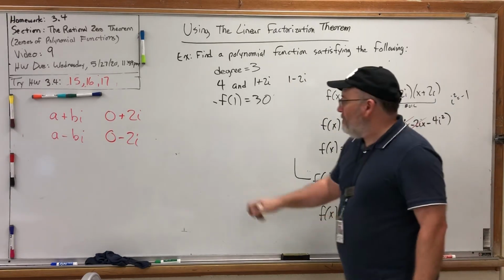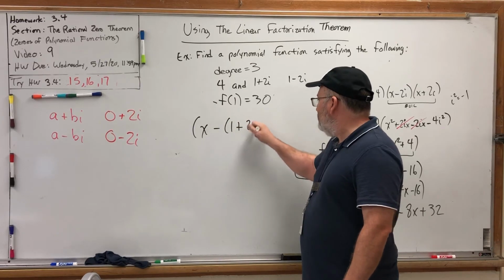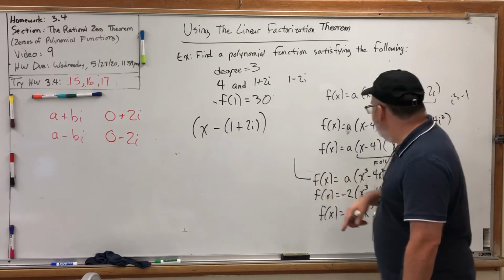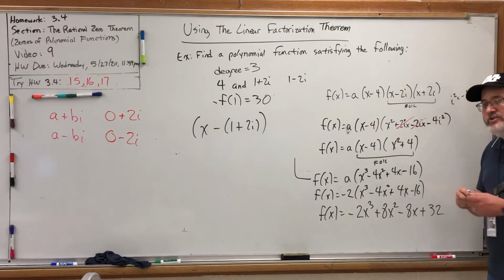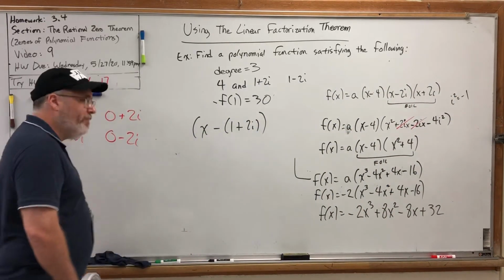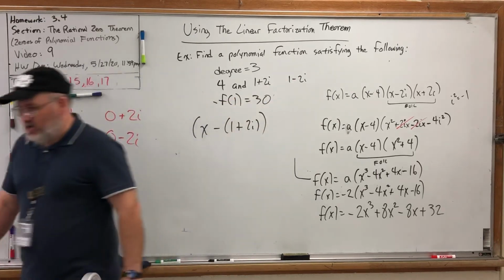But the hard part about that is that when you set up the factor, you have to set it up like this. x minus the zero, distribute the negative. That's the easy part. Then the FOILing gets bigger because they're trinomials instead of binomials. Luckily, none of your homeworks go down that path. So if you kind of follow the previous example before I change this, you should be good.